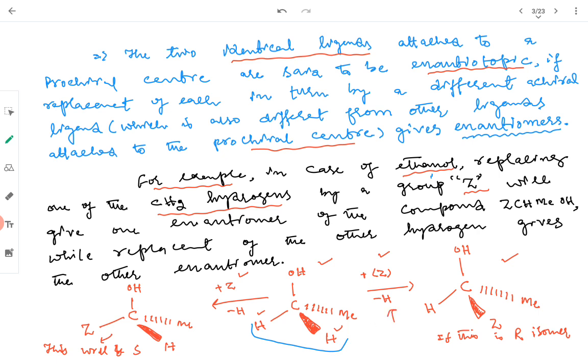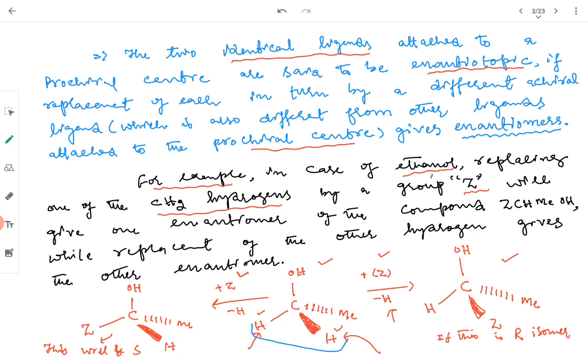In this step we have replaced this hydrogen, and in this step we have replaced this hydrogen.